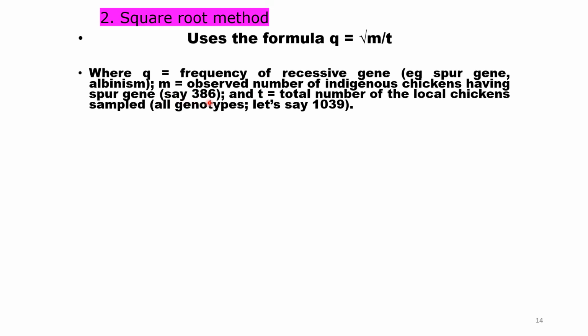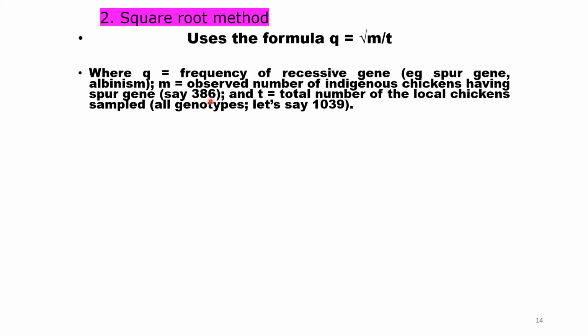Say this is 386, we want to use these values for our example, and t is the total number of the entire local chickens that were sampled, all genotypes, and let's say we are using 1039.